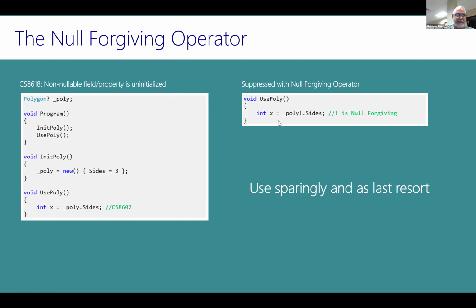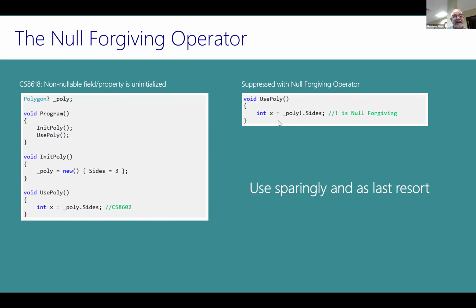So the point of the null forgiving operator basically is there may be scenarios where you have a variable that is formally nullable. It's got the question mark on it.